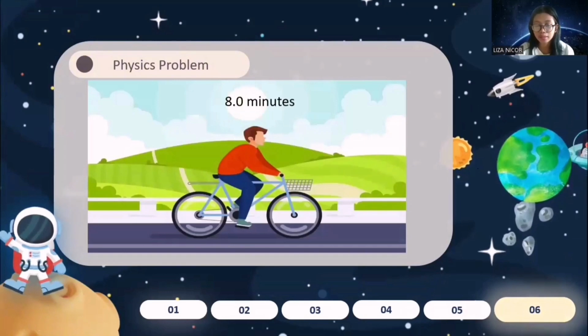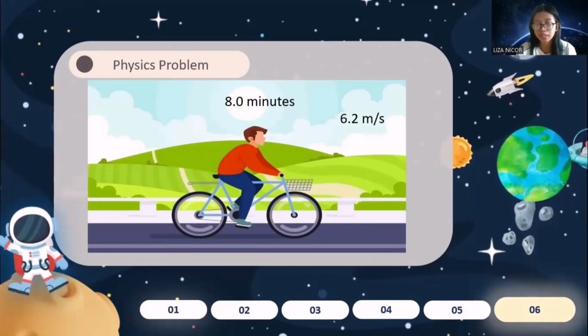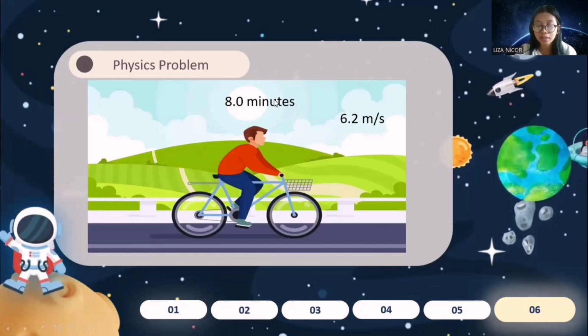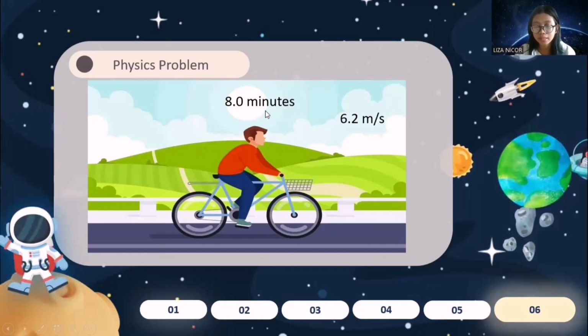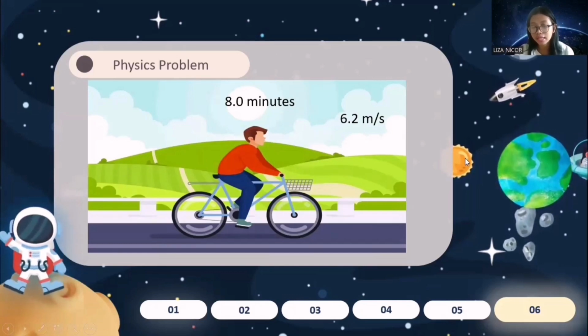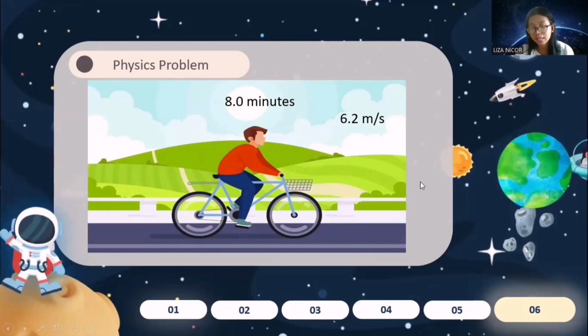We have the time, which is 8 minutes, and the average speed, which is 6.2 meters per second. The unit for time is not in seconds, so we need to convert it into seconds. We know that 1 minute is equal to 60 seconds.